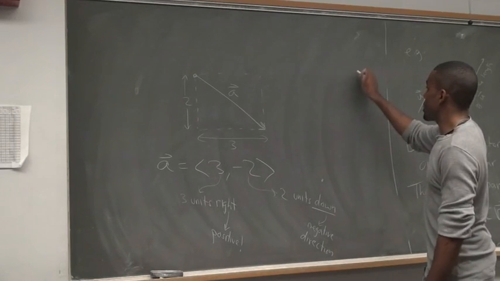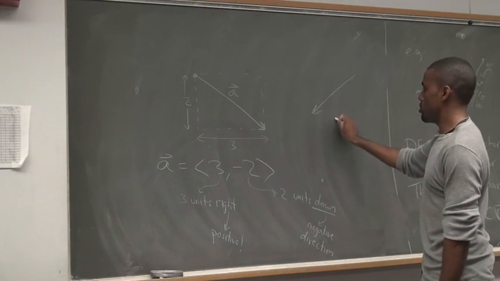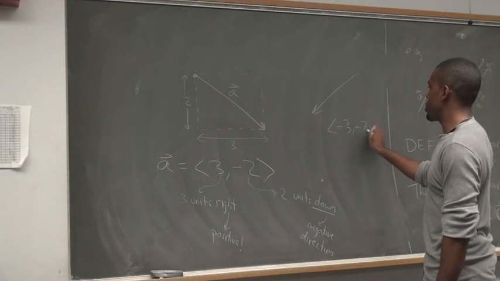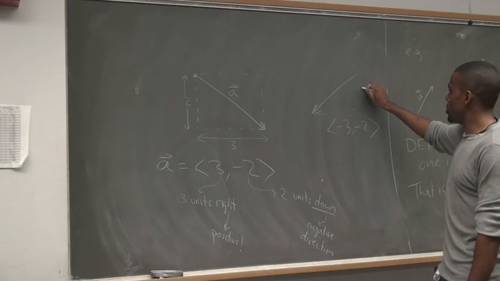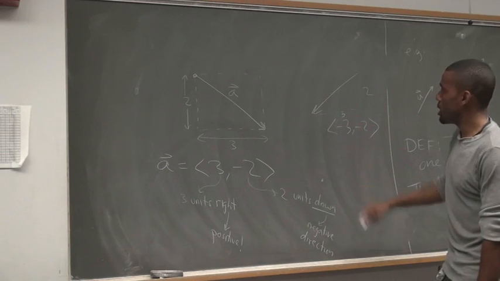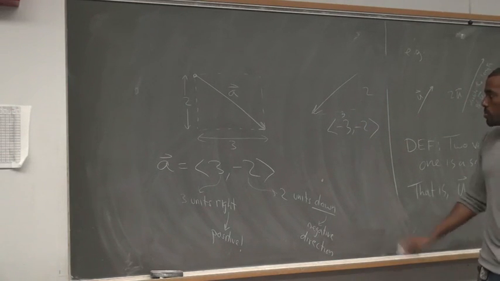A similar vector, I could do this one. This would be the vector -3, -2, because I move 2 units this way, 3 units that way.